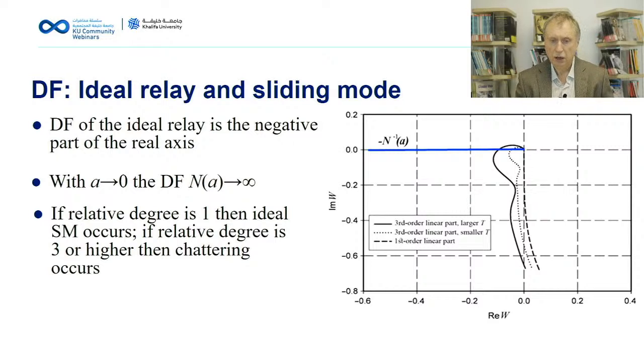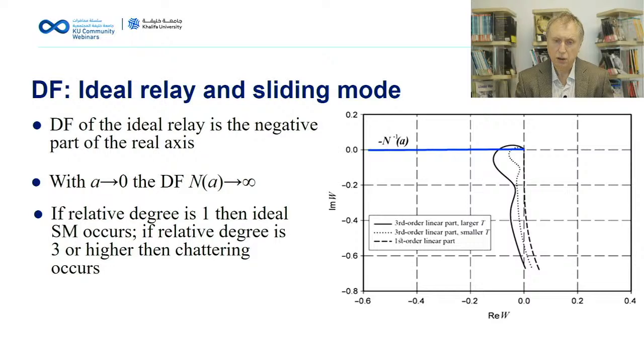And here we have three different frequency responses, or three different Nyquist plots, corresponding to three different cases. This dashed line corresponds to the first order linear system, and the dotted and solid lines correspond to the third order linear systems.